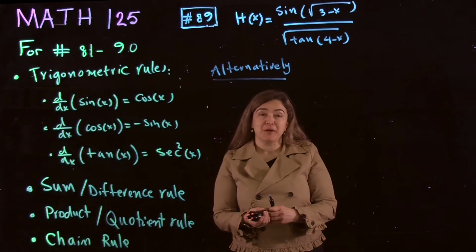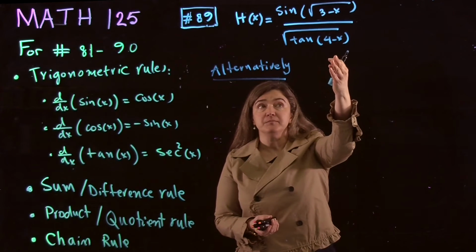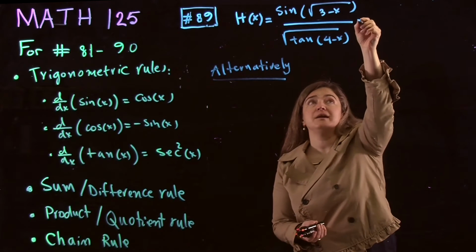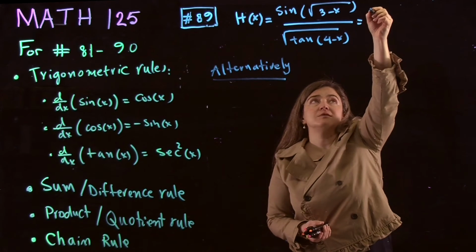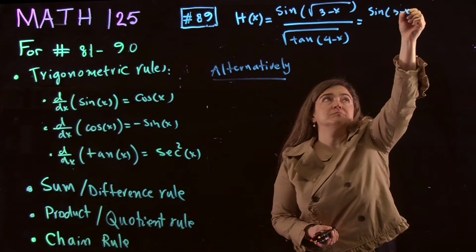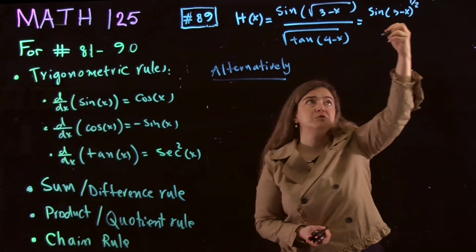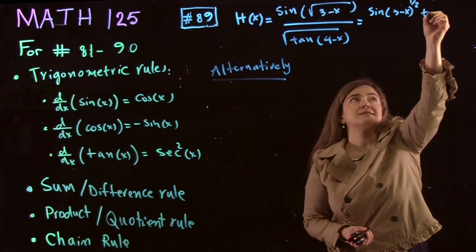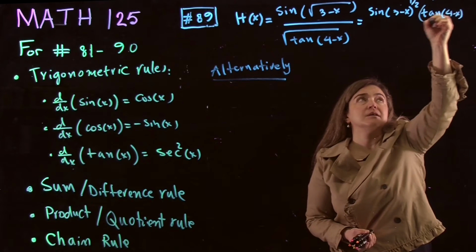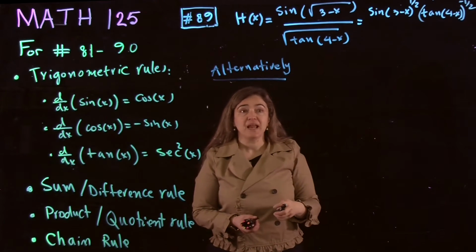Alternatively, for problem number 89, I like to rewrite the problem in another way, changing the radicals into power 1/2, also bringing the tangent to the numerator, writing it as tangent 4 minus x to power -1/2.